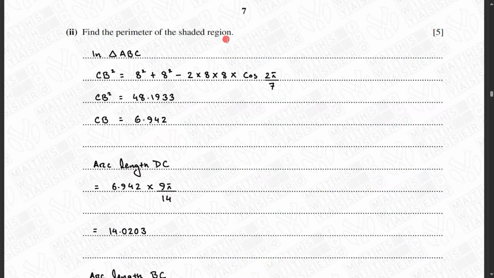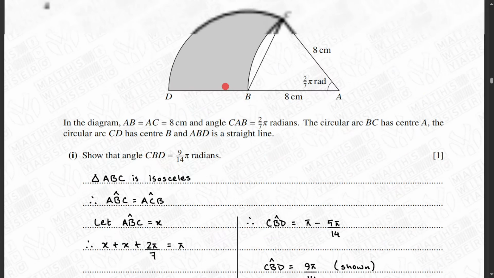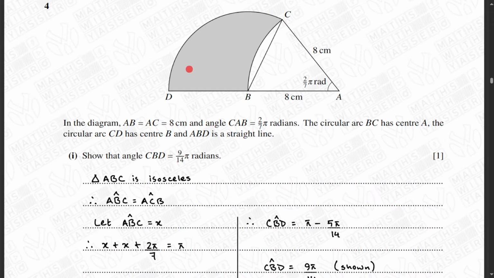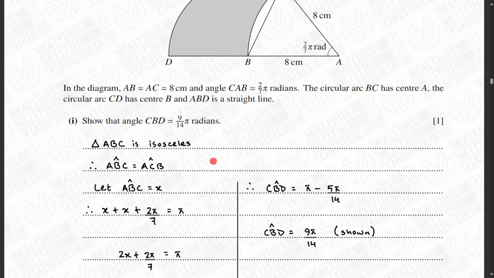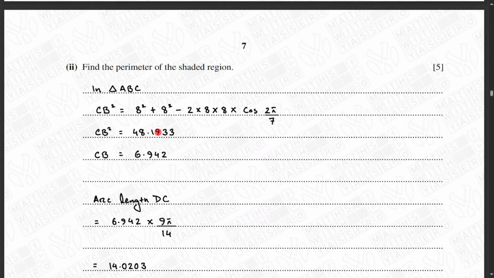So let's look into the diagram again. So this is the shaded region and we are required to find the perimeter of the shaded region. So we need to find the line DB, the arc BC and the arc DC.